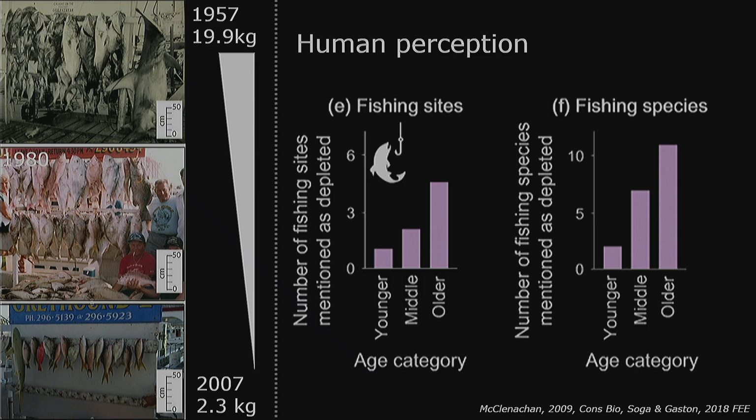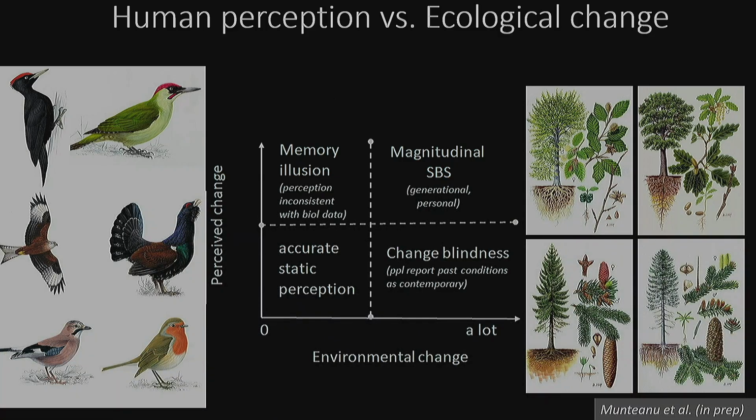So I'm becoming increasingly interested to look at this in the context of other ecosystem aspects, other biodiversity aspects, and I'm currently planning a project that is comparing the perception and the ecological change of selected bird species and tree species in southern Germany, where we're based.